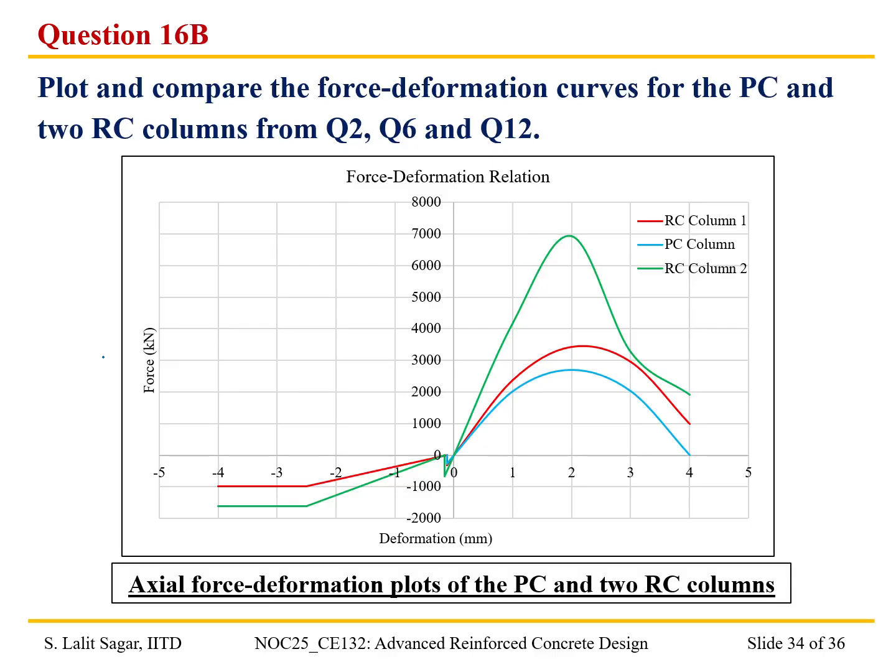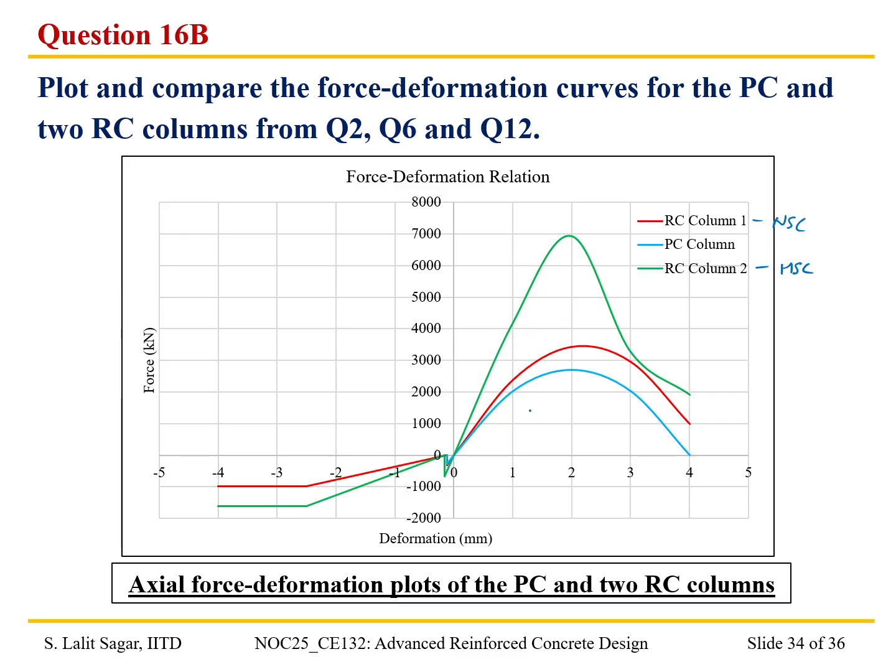Here it is the comparison of the force deformation curve for the plain concrete column, and RC1 corresponds to the reinforced concrete column with the normal strength concrete, and here RC column 2 corresponds to the reinforced concrete column with the high strength concrete. Okay, here you can see for yourself how the mechanical behavior in terms of the force deformation curve is getting augmented or enhanced because of the improved material properties.